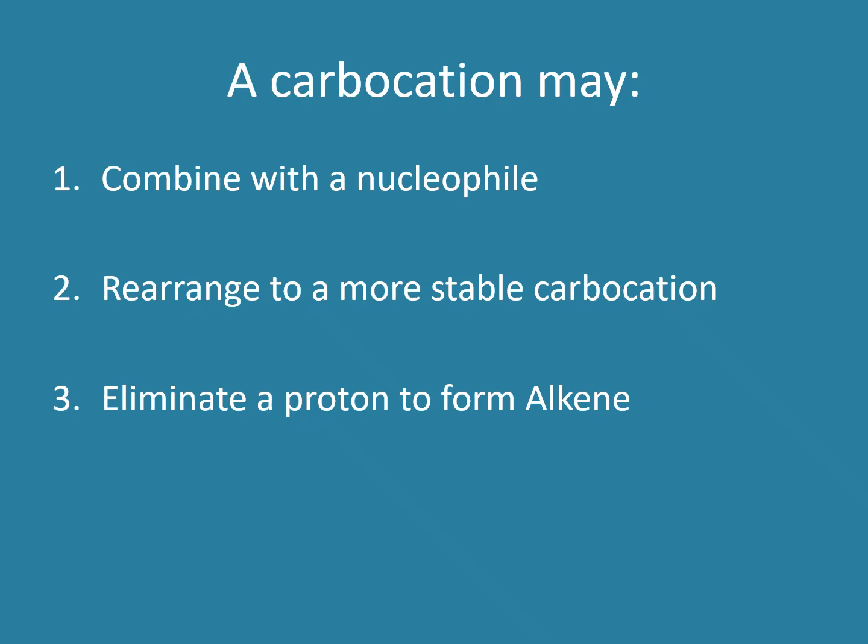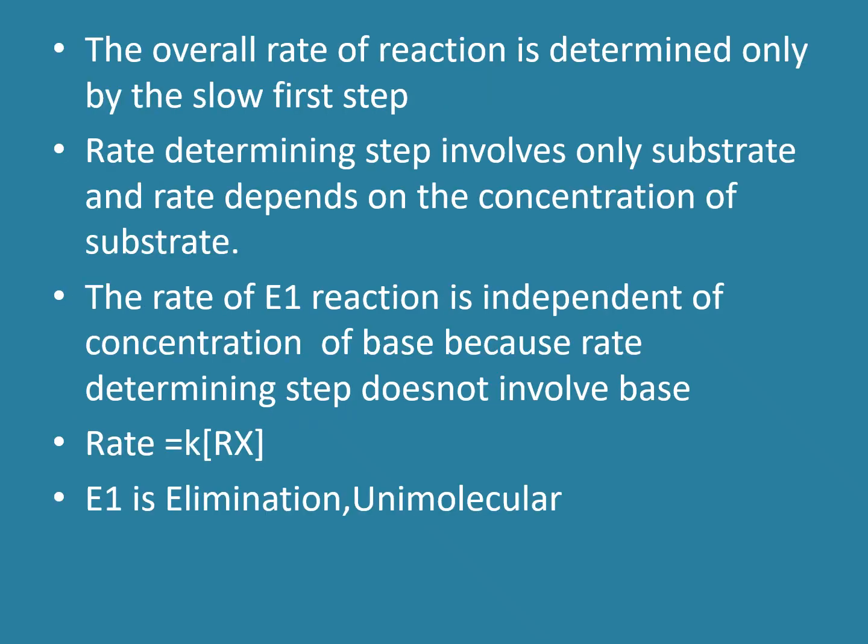In this reaction we will be explaining the elimination of a proton to form alkenes. And the overall rate of the reaction is determined only by the slow first step, that is the formation of a carbocation by the removal of the halogen atom or halide group.